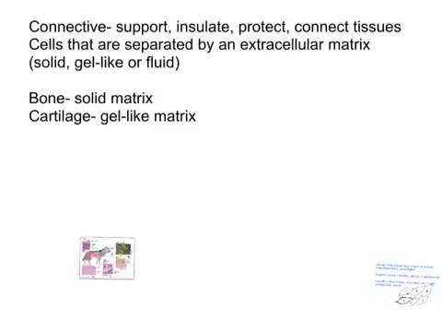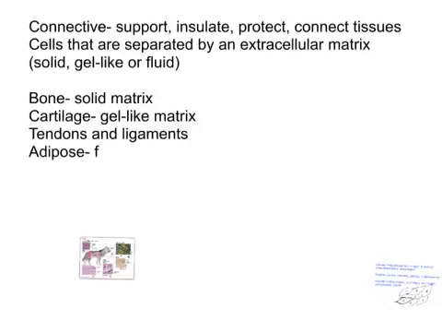Another type of connective tissue: tendons and ligaments. What do those do? They connect muscle to bone, or bone to bone. They are, again, another gel-like matrix, a semi-solid. Other connective tissue, adipose tissue. What is that?